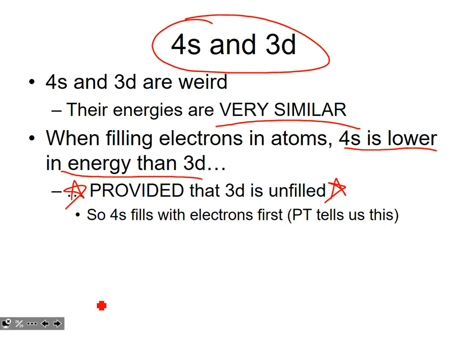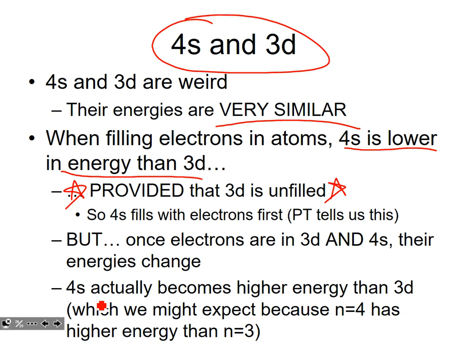But as soon as electrons are in both the 3d and the 4s subshells, the energies of those subshells change. They don't change wildly, but they do in fact change, and they change enough where the tiny difference between them now alters, and it alters in the other direction.